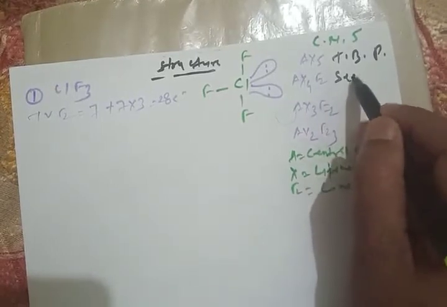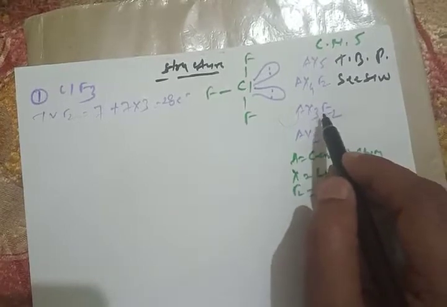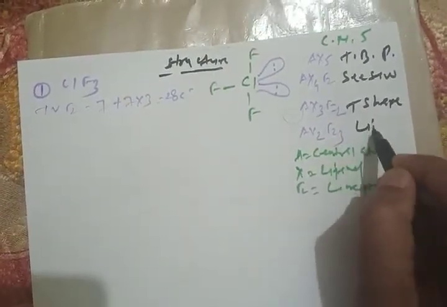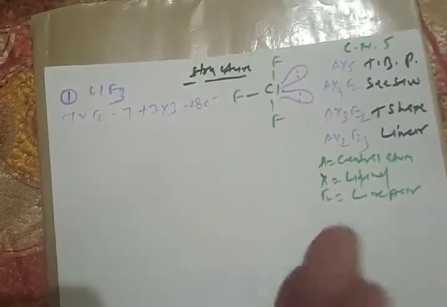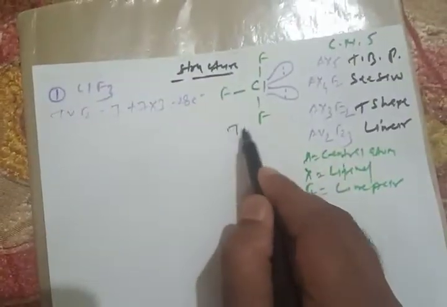This is a seesaw kind of structure, the geometry is TBP. This AX3E2 is T shape, and this is linear. So as you can see in this example, we have to skip the lone pairs. If you remove the lone pairs, the shape will look like a T shape. So this molecule has a T-shaped structure, and it belongs to the trigonal bipyramidal geometry.